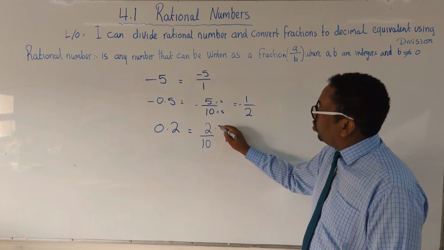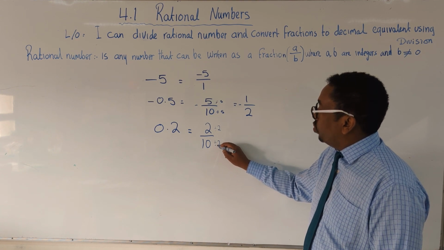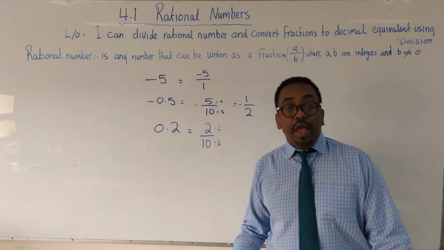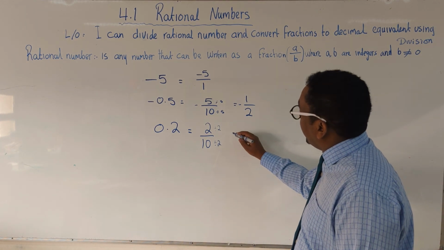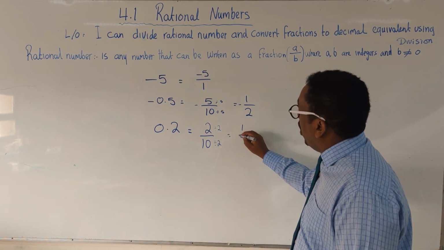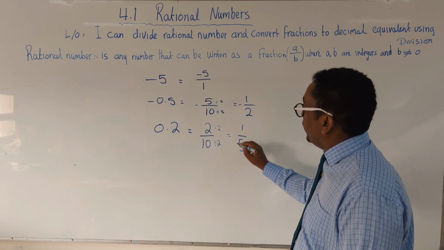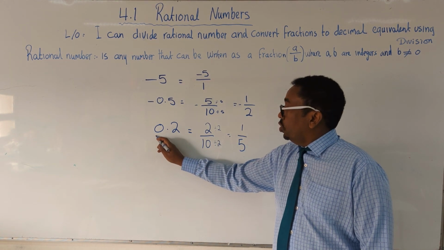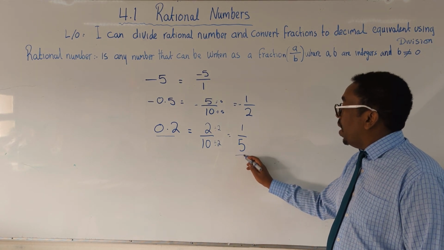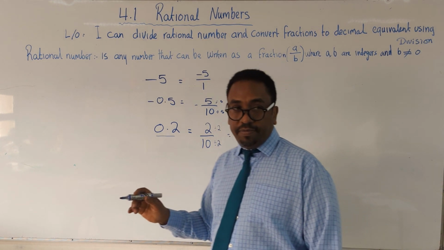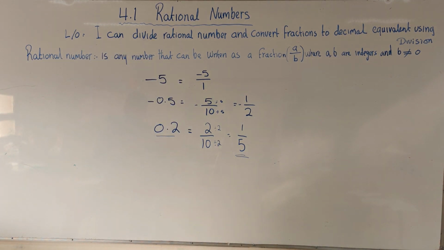If I divide here by 2, I can divide here by 2. We already have a fraction, but all we have to do is divide and simplify, and this will give us 1 over 5. So 0.2 as a decimal becomes 1 over 5 as a fraction. You guys get that?